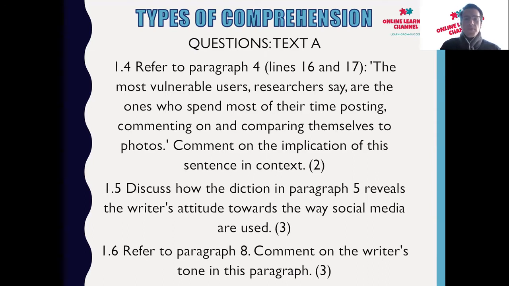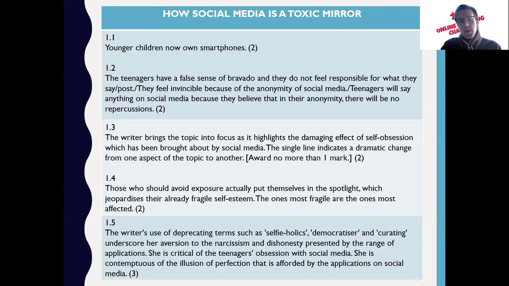If we go into the fifth question, discuss how the diction in paragraph 5 reveals the writer's attitude towards the way social media are used. The writer's use of deprecating terms such as selfie-holics, democratizer, and curating underscores her aversion to the narcissism and dishonesty presented by the range of applications.